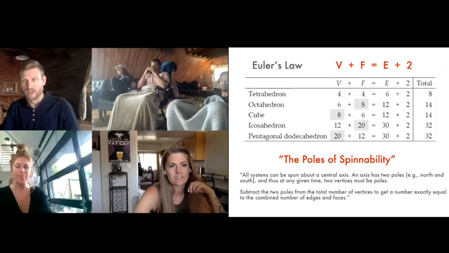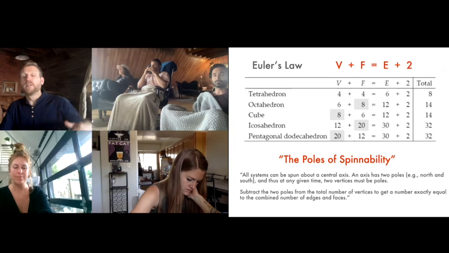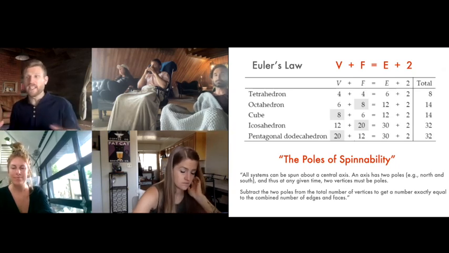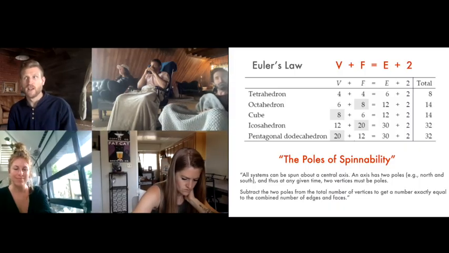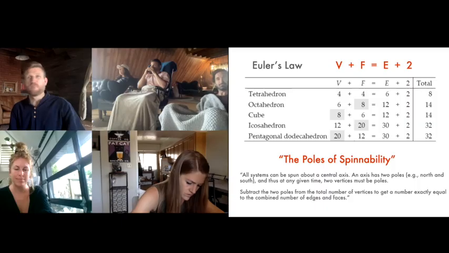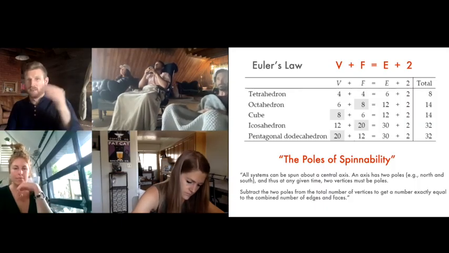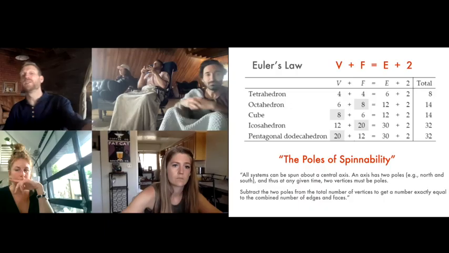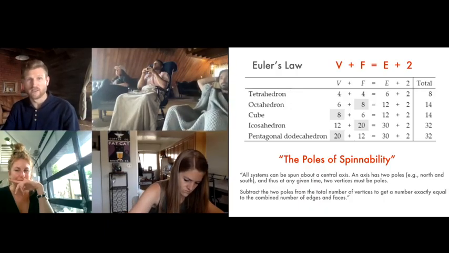So Euler's law states that the number of vertices plus the number of faces in every system will always equal the number of edges plus the number 2. Any geometrical structure, any shape, any system abides by this formula. It's kind of amazing. And so we can test it using our regular polyhedra, and sure enough, it works out just perfectly.